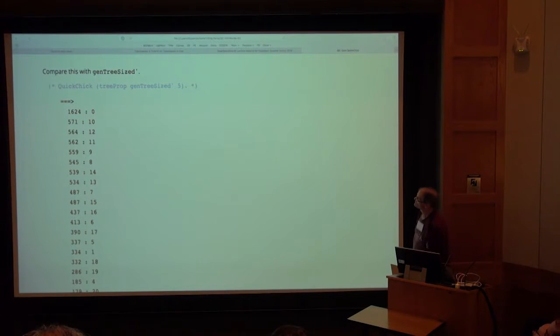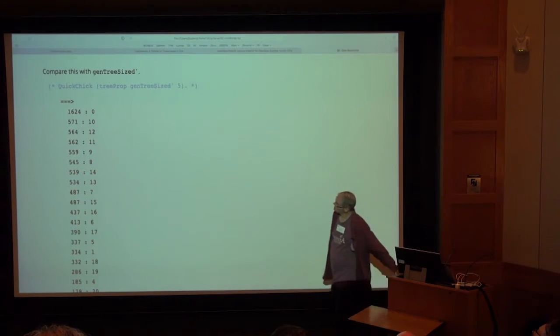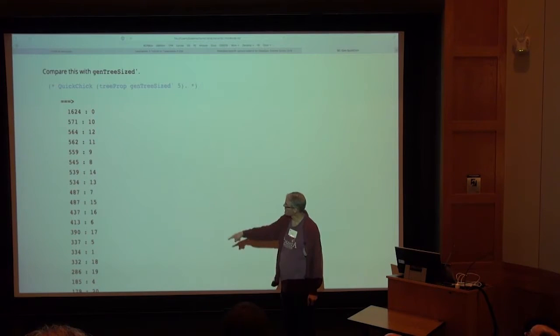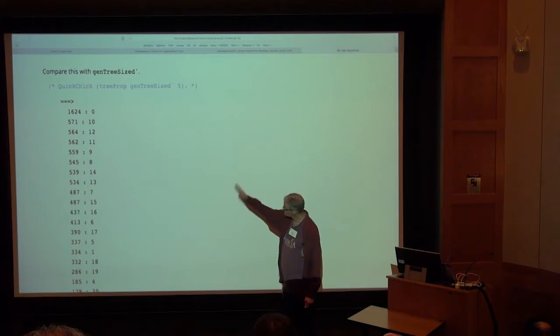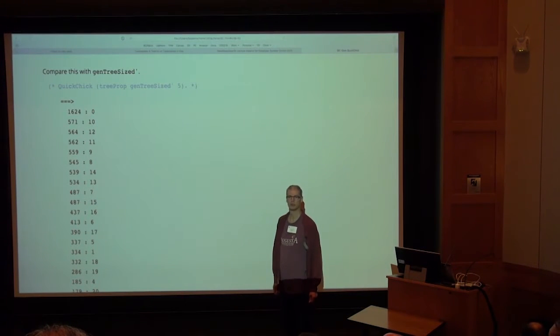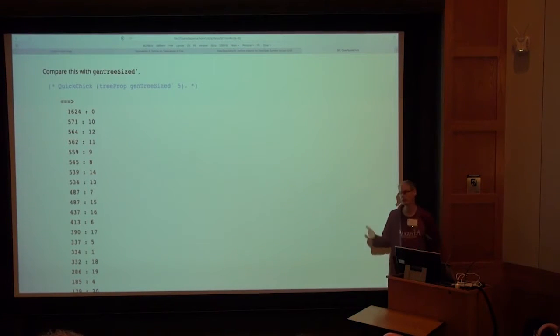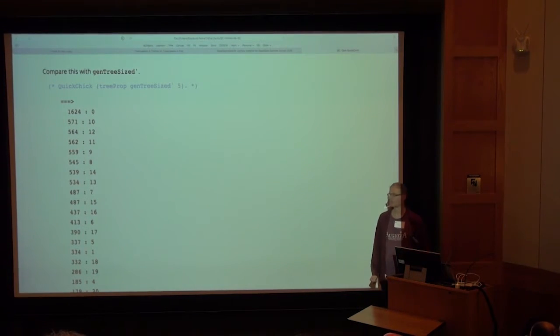Whereas with our better generator, we still generate quite a few trivial trees, but only around 15%. And all the rest of them are distributed pretty evenly over much larger sizes. So this generator is clearly going to do a much better job on testing.